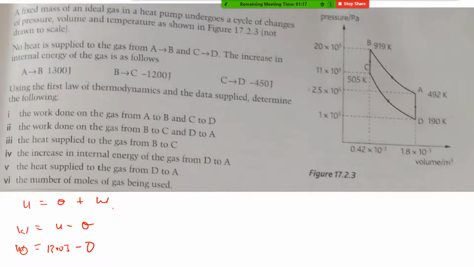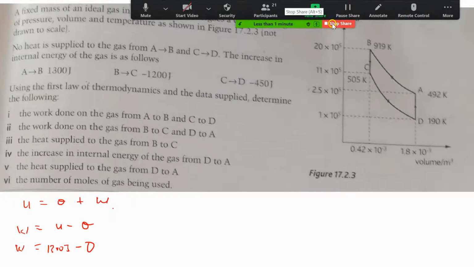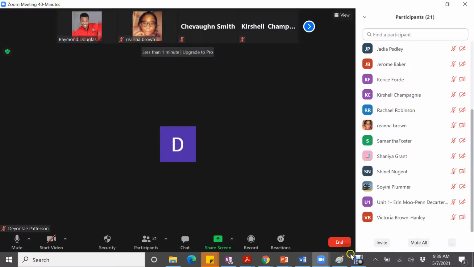So the work done in this case, to move from A to B, is going to be this amount, 1,300 joules. All right. I have less than a minute, so I'll restart it to just finish up these questions here.